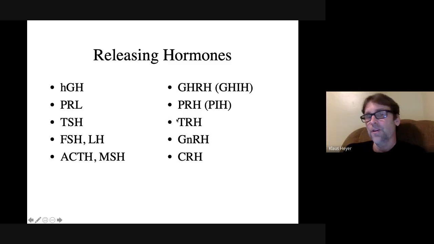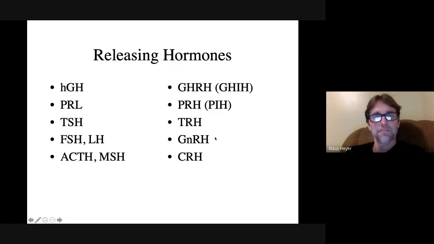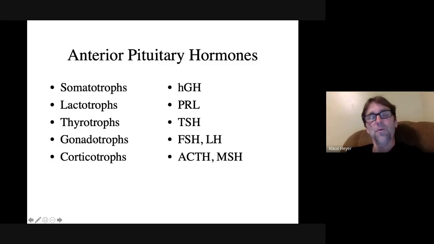So this one is thyrotropin releasing hormone. This one is gonadotropin releasing hormone. It's telling the gonadotrophs, okay, gonadotrophs, make your FSH and LH. If the hypothalamus doesn't release this, these cells won't make their hormone.